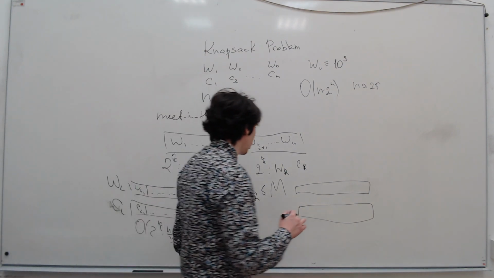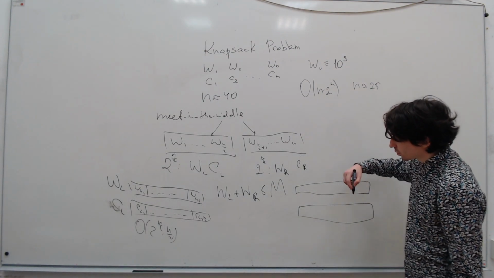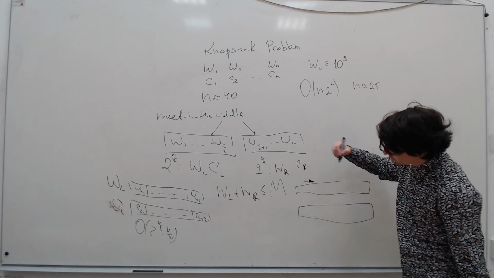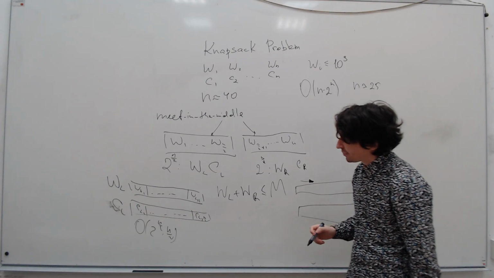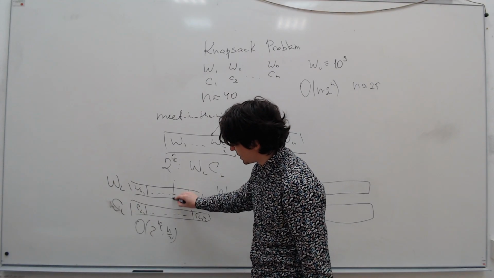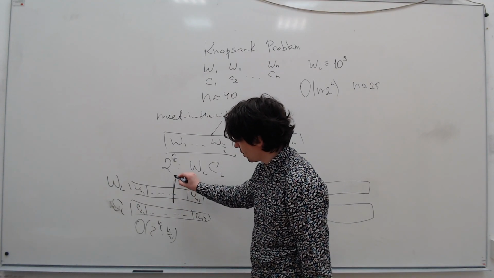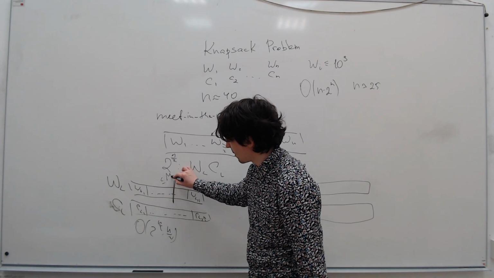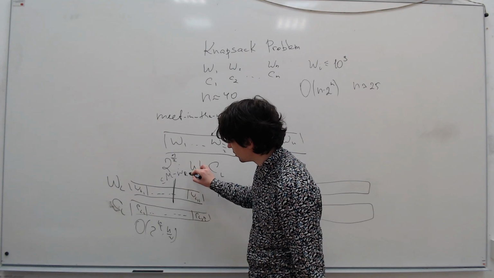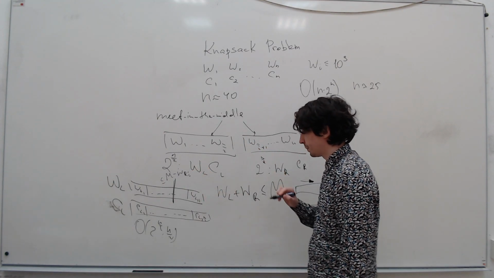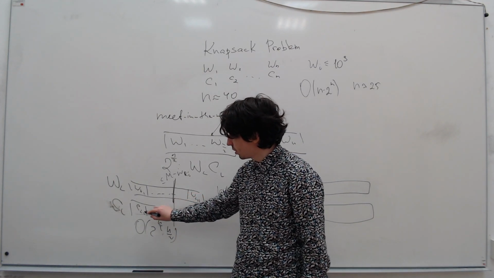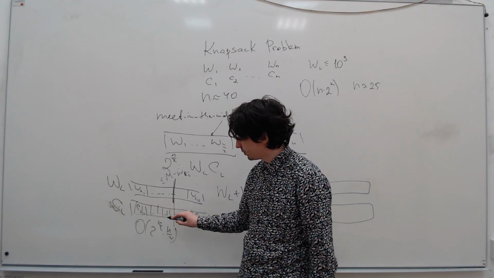Then you just go by the weights on the right, and you find the position where everything on the left is less than m minus w right. And we want to calculate the maximal c in this prefix.